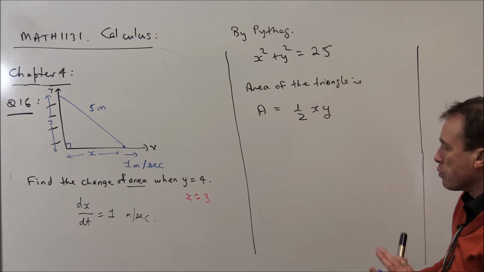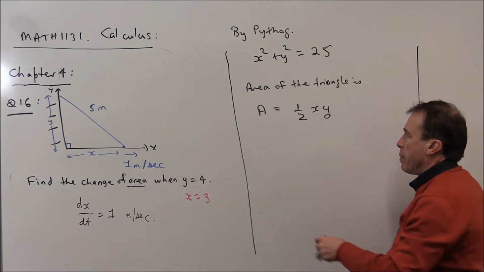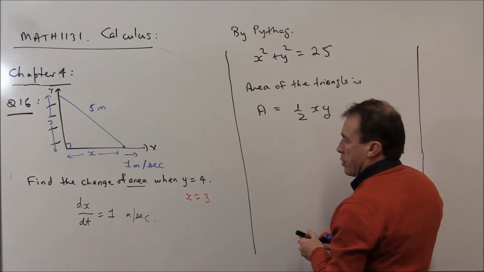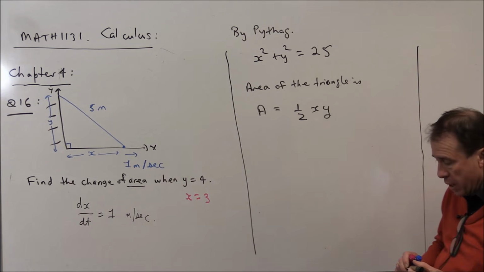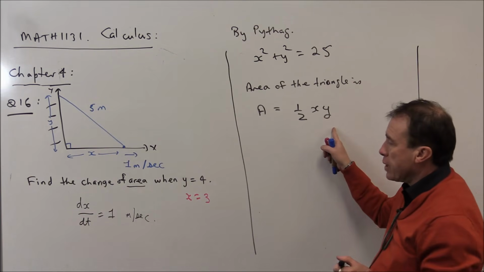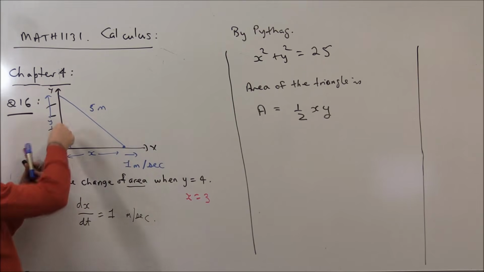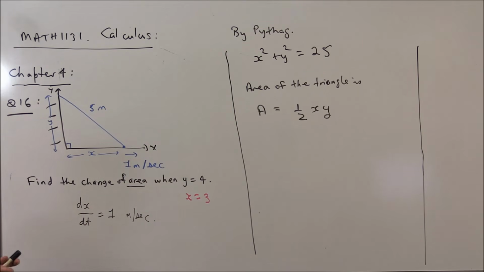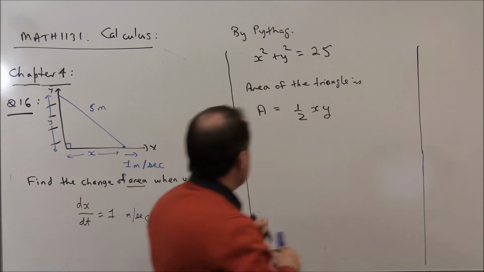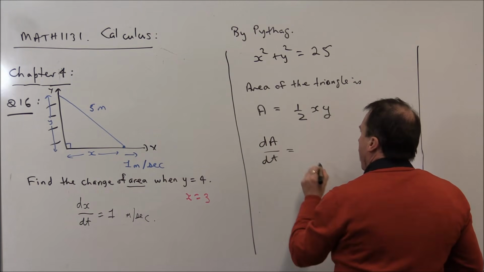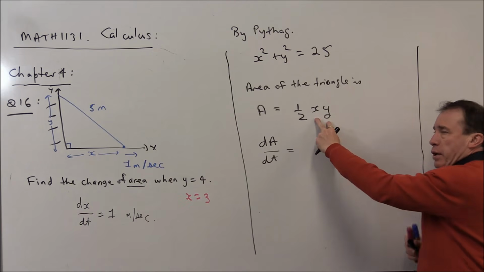Now we want to find the rate of change of the area. That means I want to find dA/dt. Remember, these x and y's are changing. As the ladder moves, this x is moving and this y is moving. So they're functions of t. And so when I go to differentiate this with respect to t, dA/dt, I'm going to have to use the product rule.